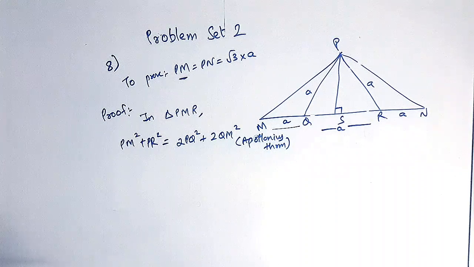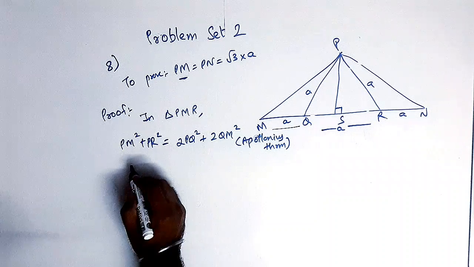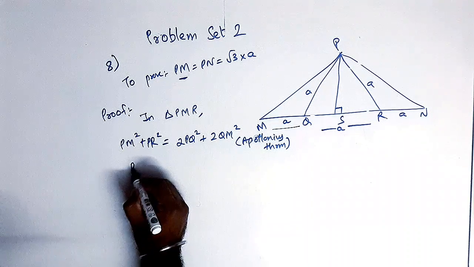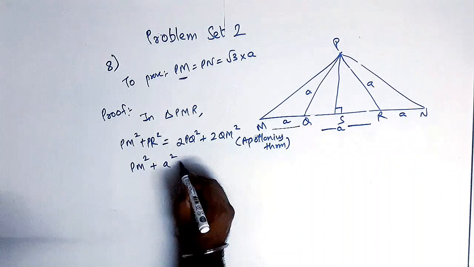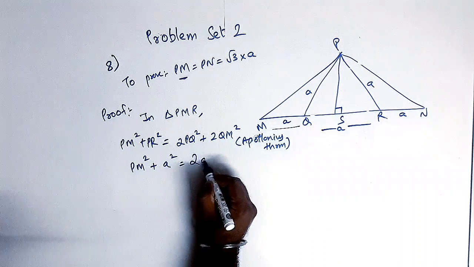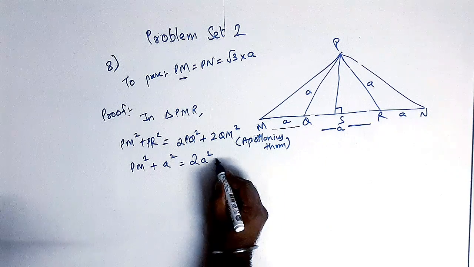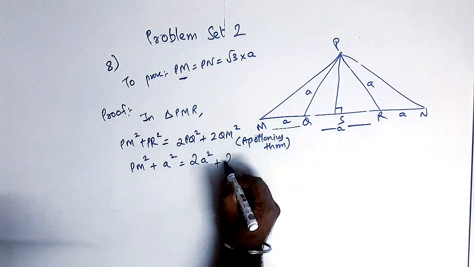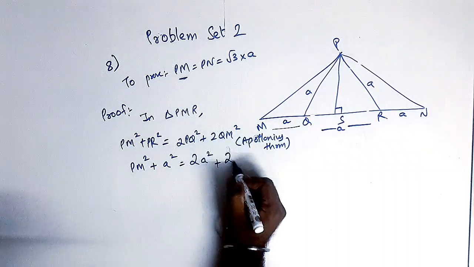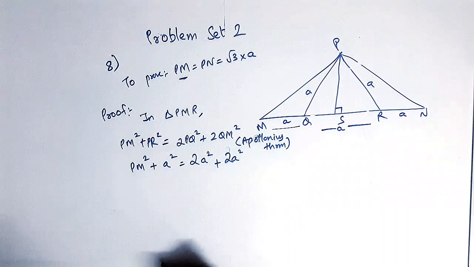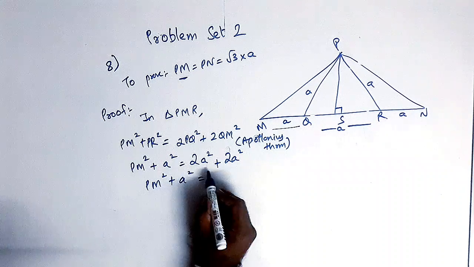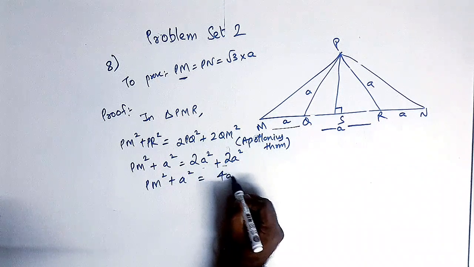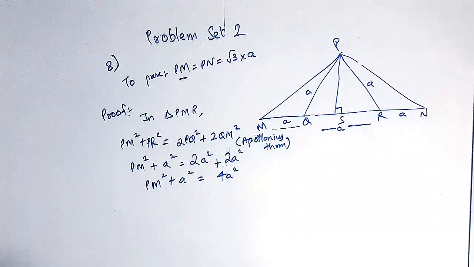Okay, so PM square I am writing as it is, PR square I am writing A square, 2PQ square I am writing 2A square, and 2QM square, QM is also A, so it will again be 2A square. Okay, now PM square plus A square is equal to, this will become what? 4A square, correct?